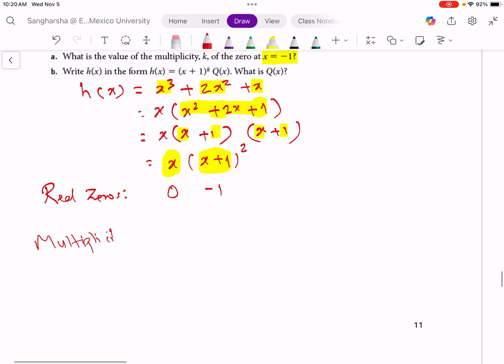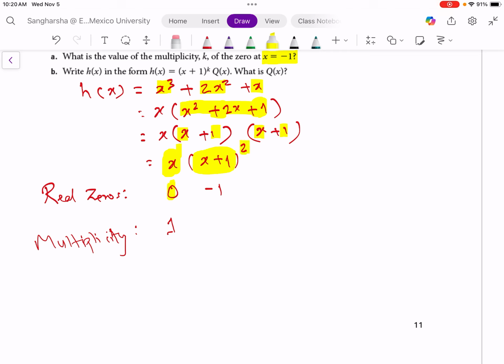Multiplicity is the exponent of each factor. We have the first factor x. What is its exponent, its power? If it's nothing, it's 1, right? So 1 is the multiplicity for this zero. Now for this factor, what is the exponent? 2.